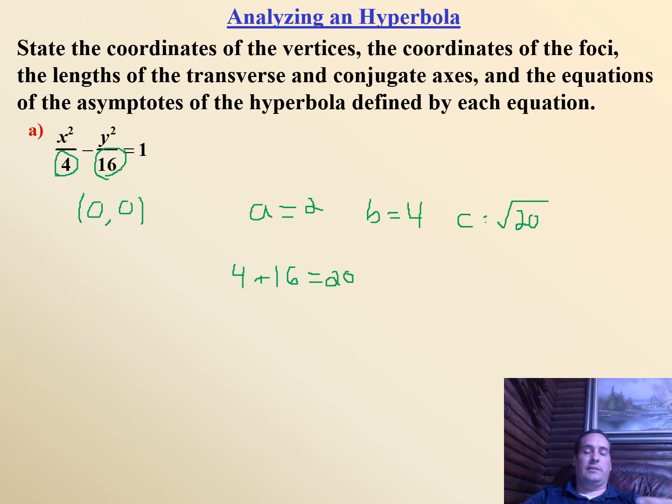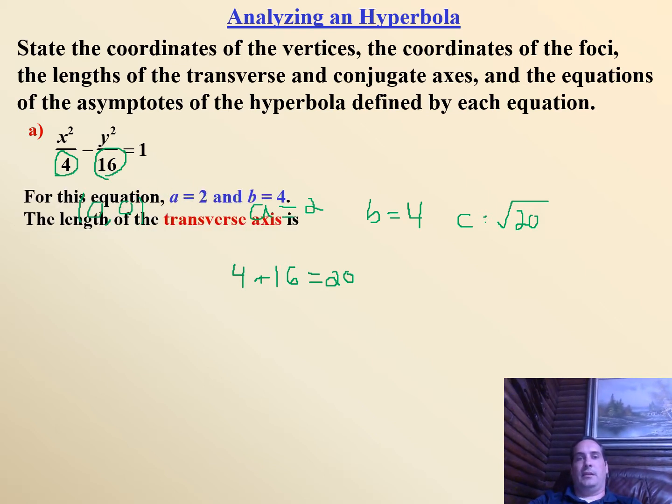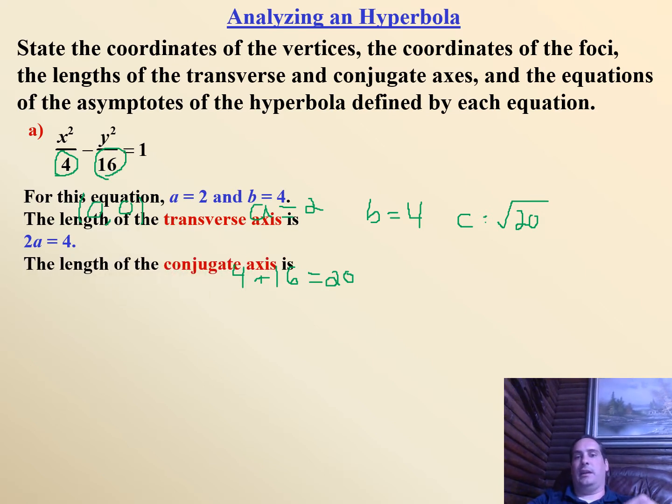If you were to graph this, you start by drawing the box. You know that it would have to lie on its side because the vertex is on the x-axis. The length of the transverse axis is 2A, which is 4. The conjugate axis length would be 2b, which is 8. The vertices are at 2, 0 and negative 2, 0.